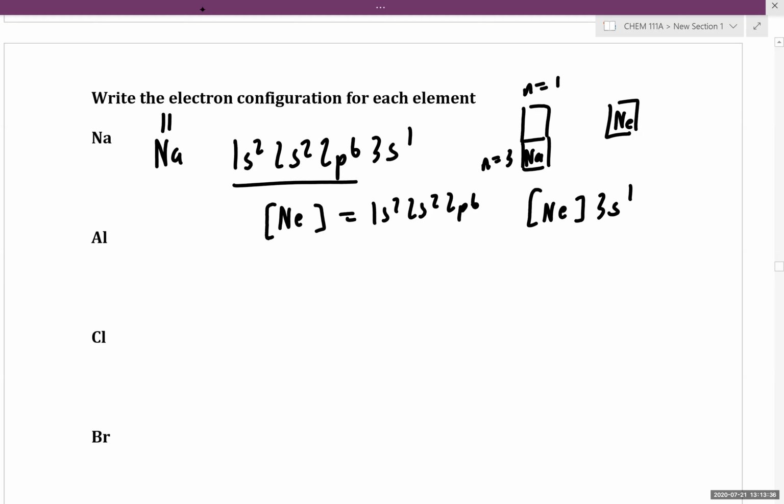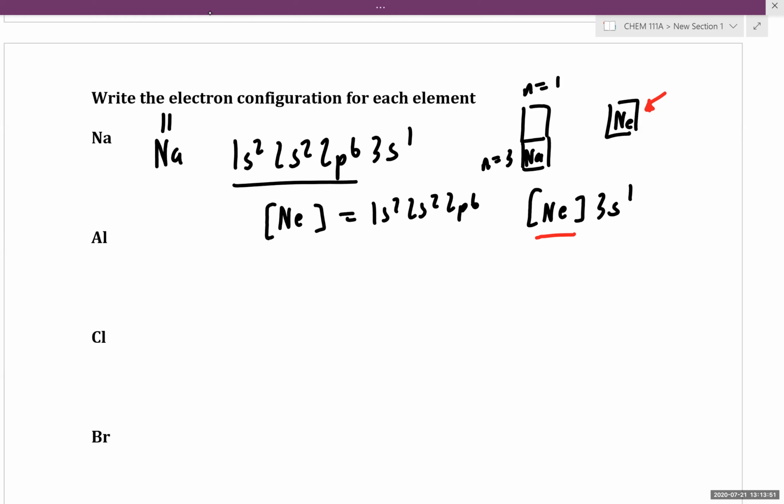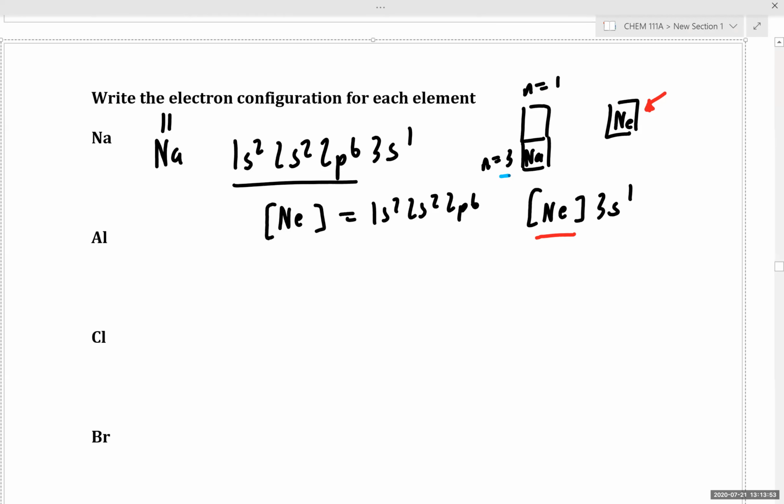Now, one little trick that you could use to expedite writing your configuration: step 1, you find the noble gas directly before your element, and you write that here. Next, you know that the outermost n value would be equal to your period number, and the number of valence electrons is equal to your group number, which is 1A.